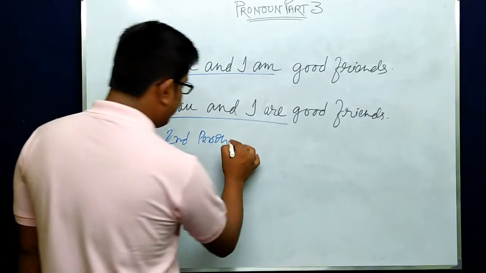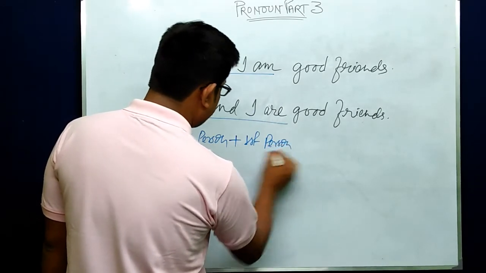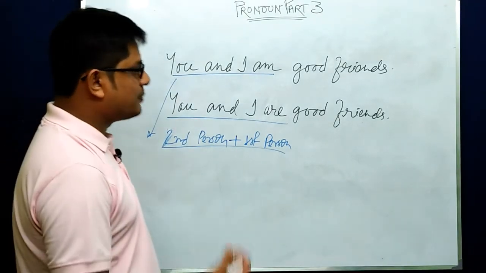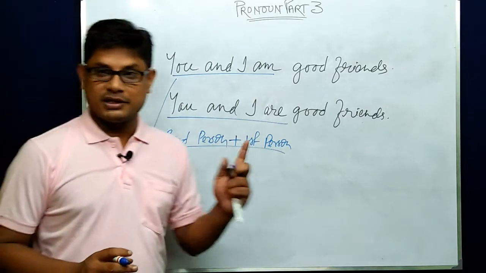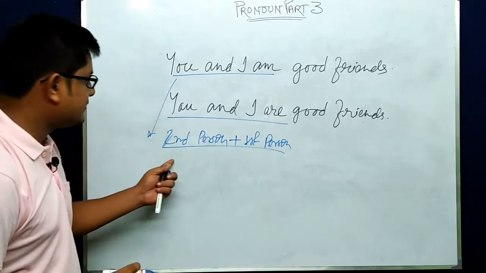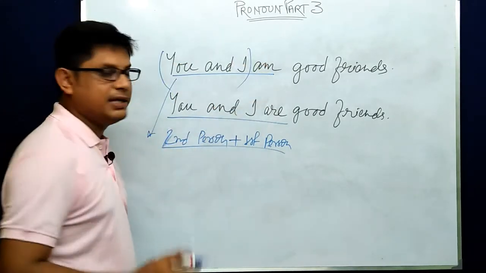Then I have used I, that is first person. So the order of singular pronoun is completely right in this sentence. That means second person, third person, and first person. The third person is not over here, so we have second person and first person. So the use of this part is completely right.